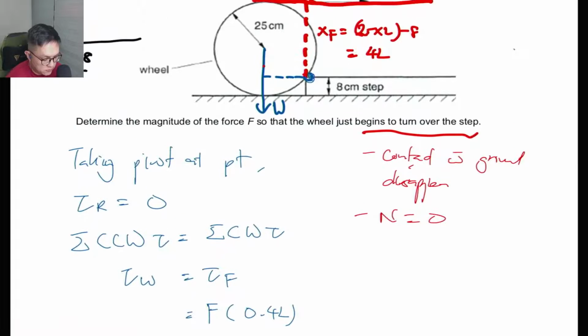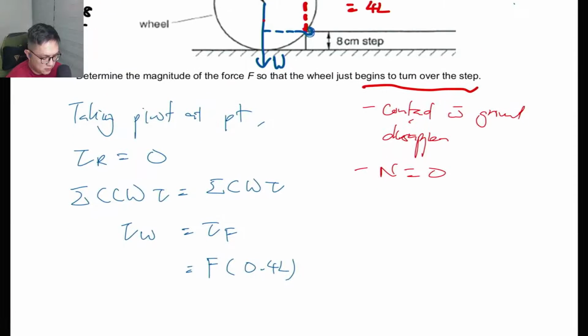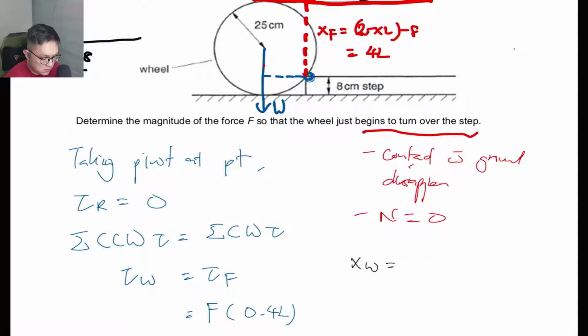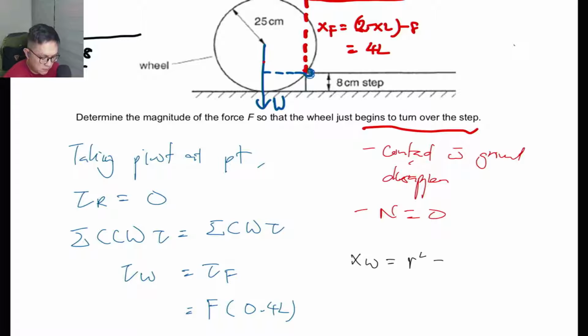To find this distance here, I'm just going to write it at the side. I want to find xw. So basically xw squared equals r squared minus (r minus 8) squared. This is your Pythagoras theorem.